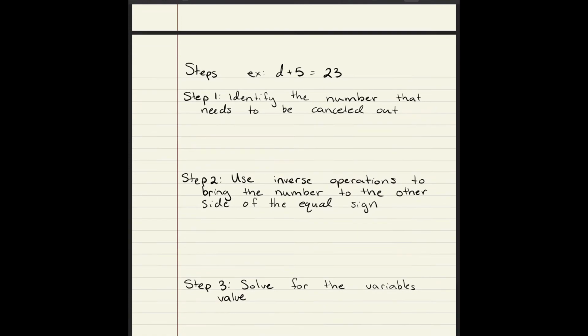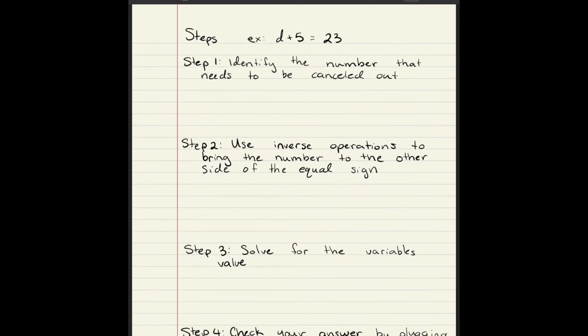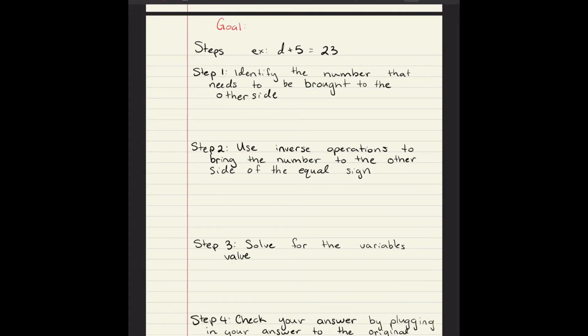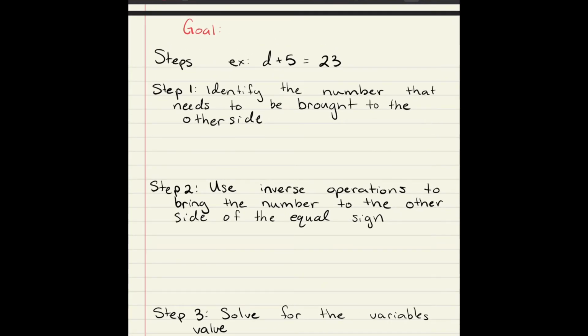All right, here are our steps. We're going to use this same example from Unlock the Problem, d plus 5 equals 23. Whenever you're given a problem like this, where you're trying to solve for the variable, your goal is to isolate the variable.